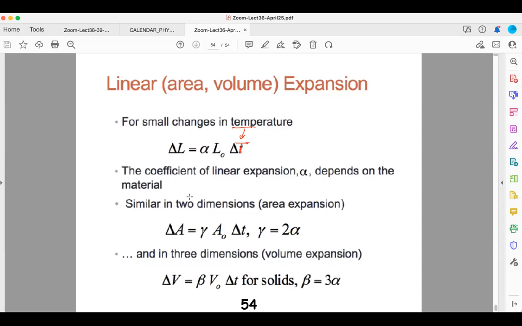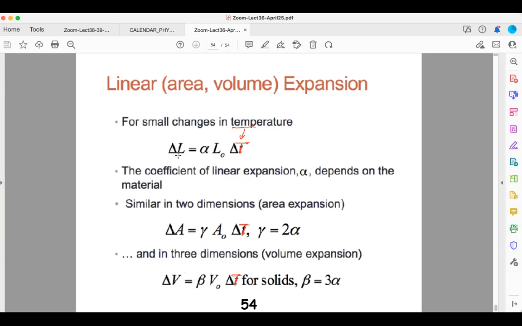For expansion in 2 dimensions, we have delta A equal to gamma A naught delta T, and gamma is equal to 2 alpha. For 3 dimensions, delta V is beta V naught delta T for solids, where beta is equal to 3 alpha.